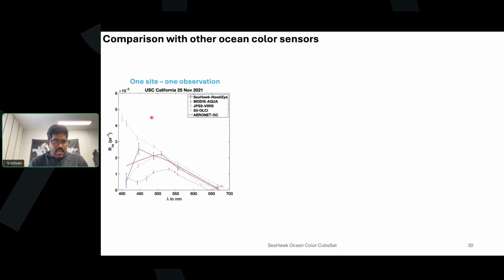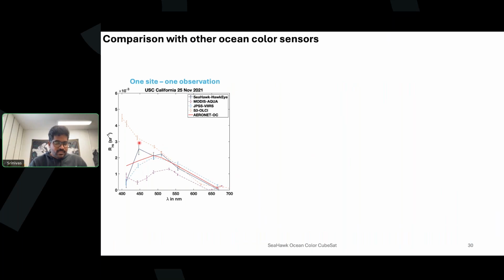This is one site and one observation, which is from USC California again. And this spectral plot, with wavelength on the x-axis and remote sensing reflectance on the y-axis, shows that the black line here is the Hawkeye data, and the red line without any bars is the in situ data.